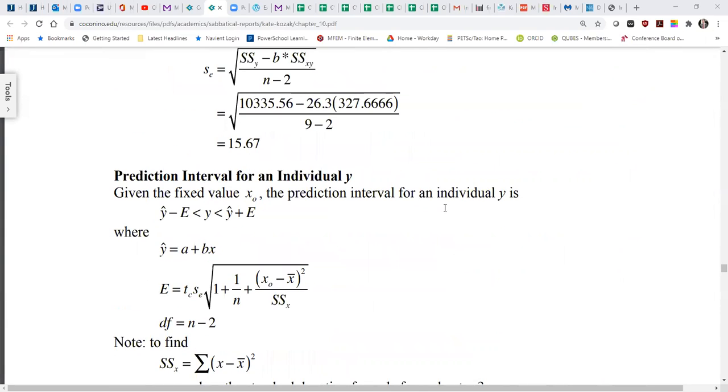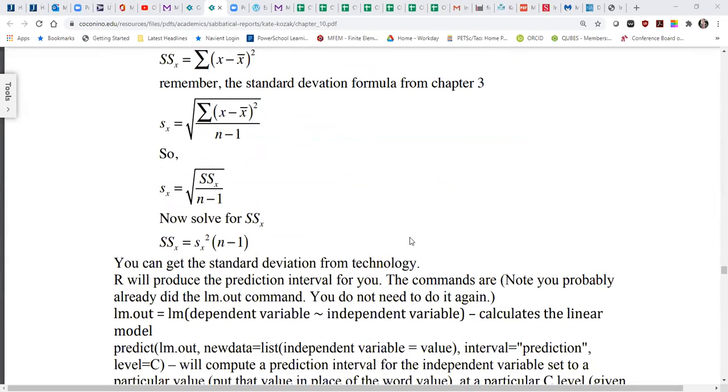Yeah, this is looking for the confidence interval. So you want to use a confidence interval. You can use this formula.